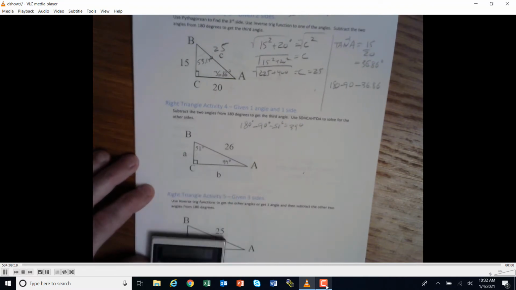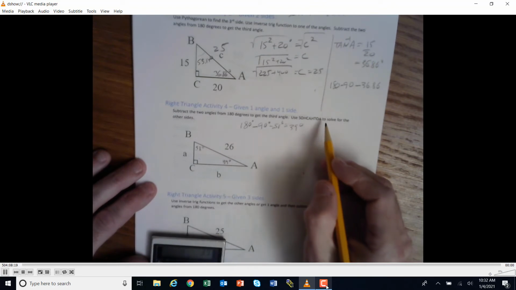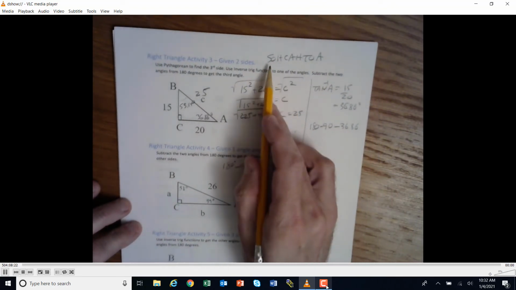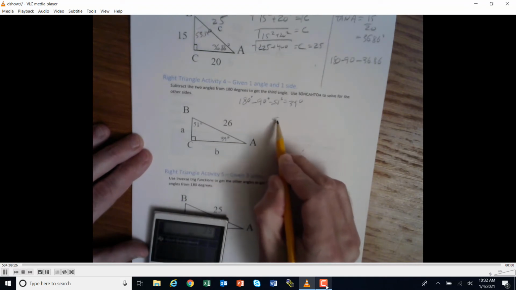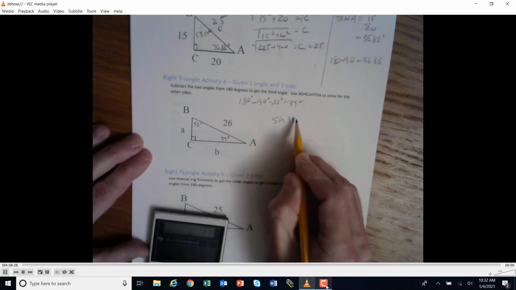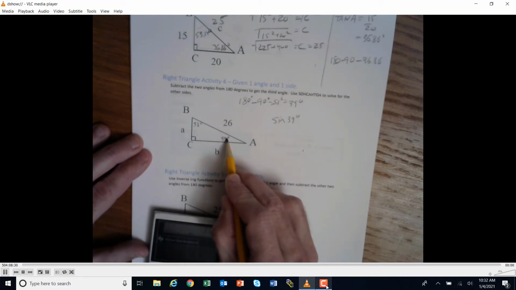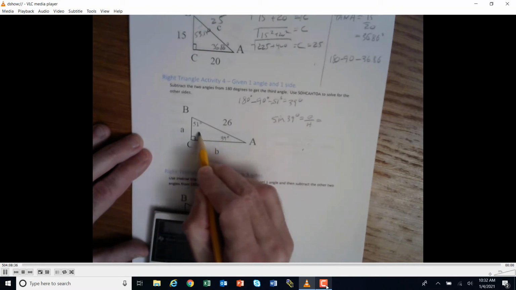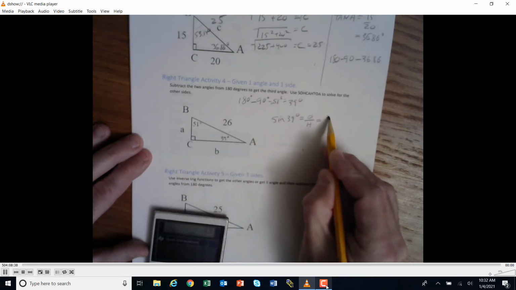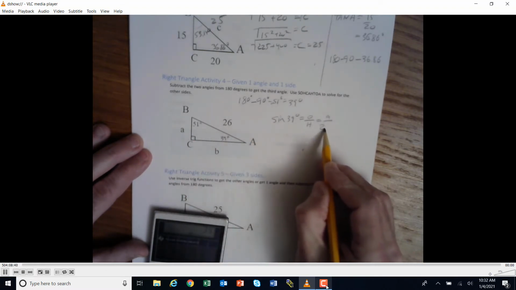So I can use my trigonometry. And so what do we want to use? We can use sine again, opposite over hypotenuse. Doesn't matter which one. Let's do sine of 39 degrees equals the opposite over the hypotenuse. Opposite to this is A. Hypotenuse is 26.